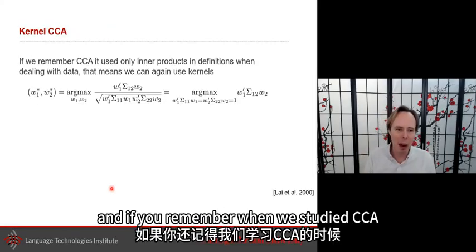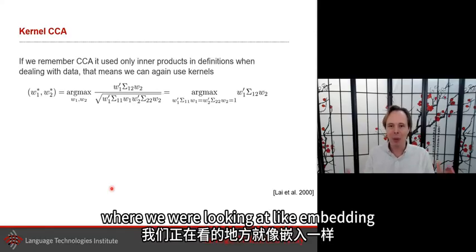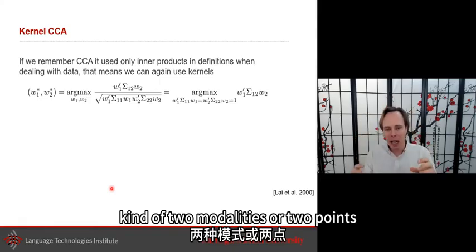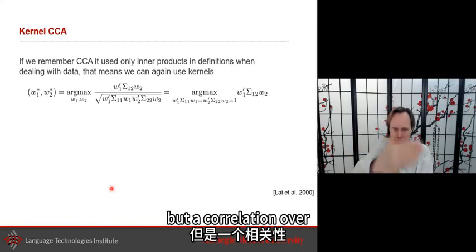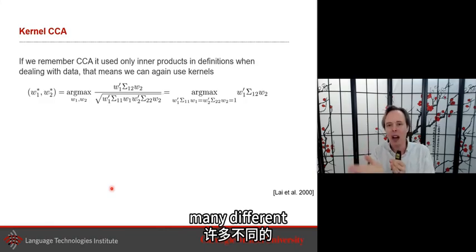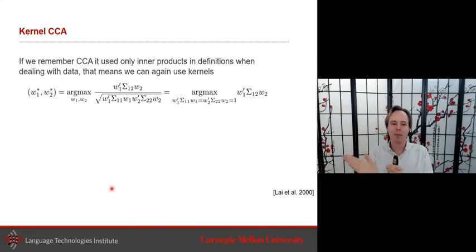And if you remember when we studied CCA, canonical correlation analysis, where we were looking at embedding two modalities or two points and looking at the correlation, but the correlation over many different canonical axes, if you want, bases.